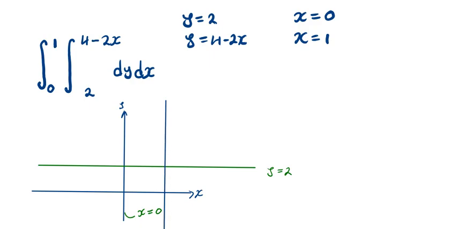Okay, so this is our x equals 1. So what is remaining is this one here. It's also a line, but it's shifted. Sorry, it's supposed to be diagonal. It's not supposed to be a straight line, maybe horizontal or vertical. It's going to be diagonal.